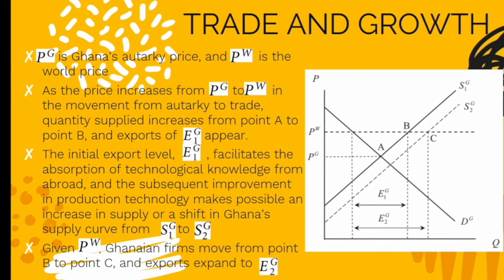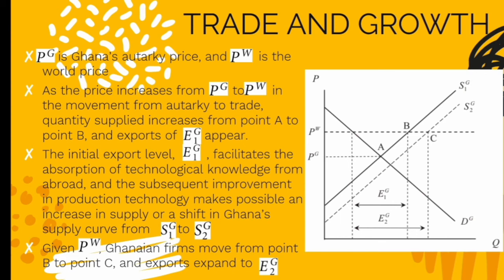In the presence of export externalities, the process continues one step further. The initial export level, EG1, facilitates the absorption of technological knowledge from abroad, and the subsequent improvement in production technology makes possible an increase in supply, or a shift in Ghana's supply curve from SG1 to SG2.